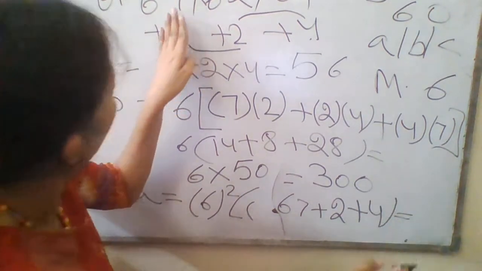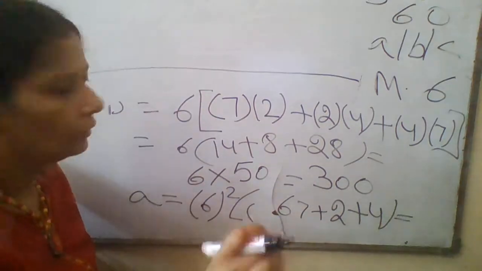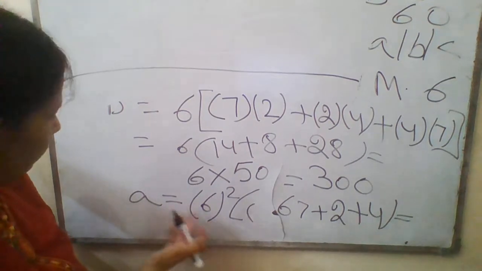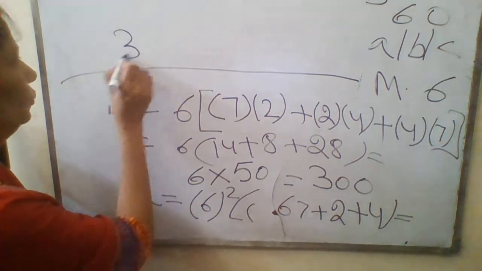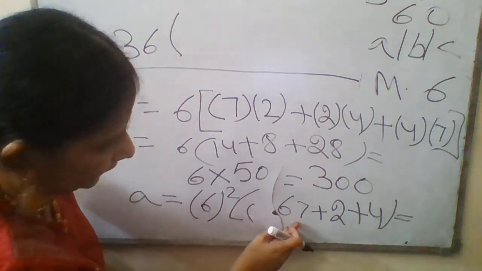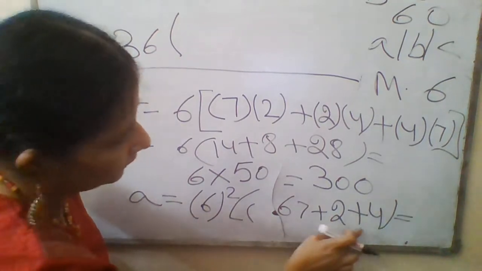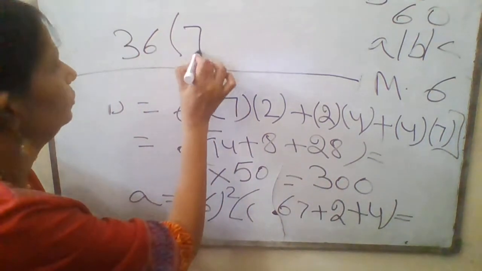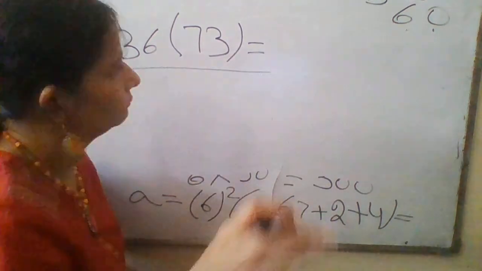So you solve it out, and what will you get here? 6 square is 36. Now into this, you have to find 62 plus 67 plus 2 is 69, 69 plus 4 equals 73. So what is the value of A?